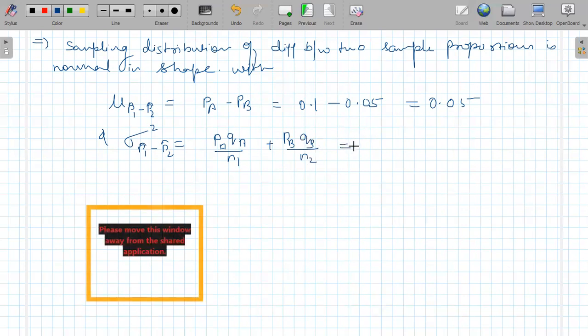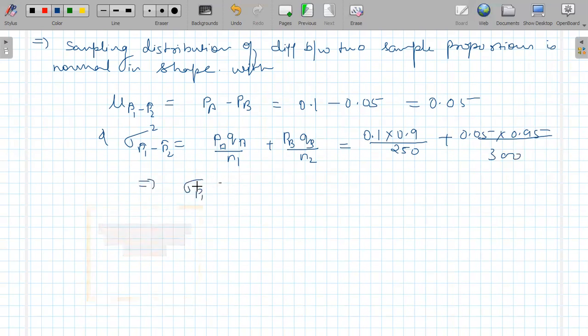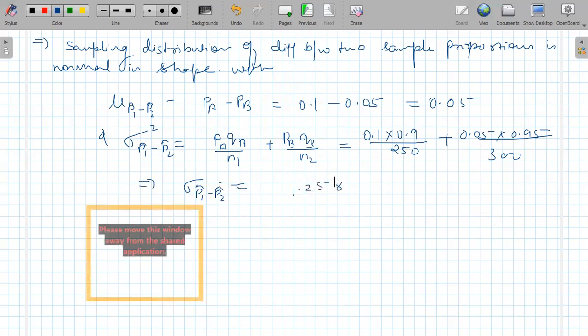So this is equal to 0.1 into 0.9 divided by 250 plus 0.05 into 0.95 divided by 300. This implies sigma P1 cap minus P2 cap will come out to be 1.258.